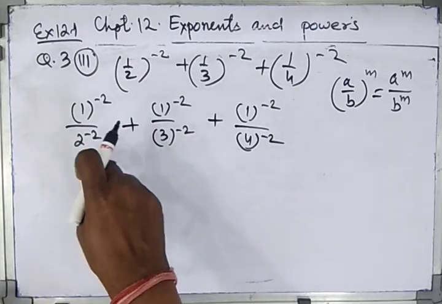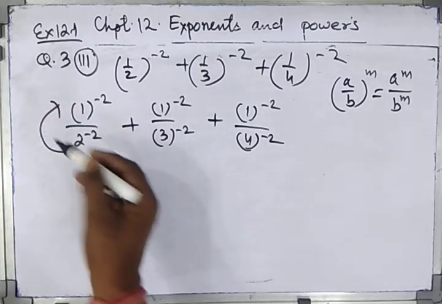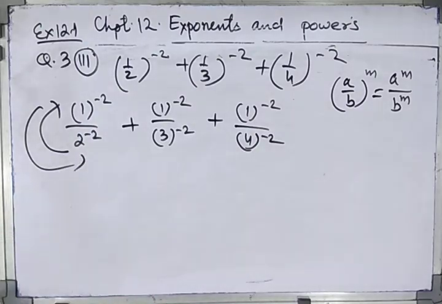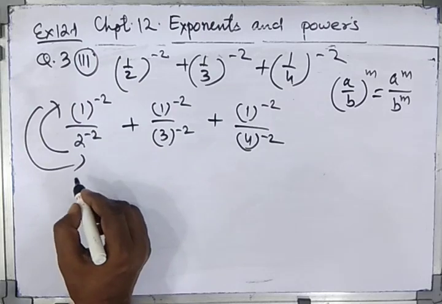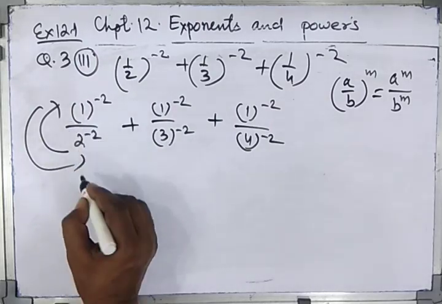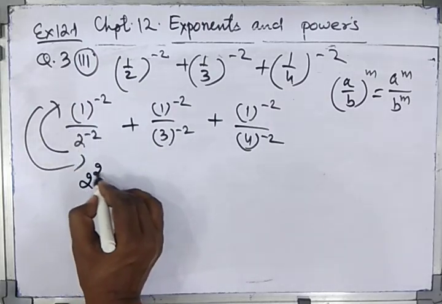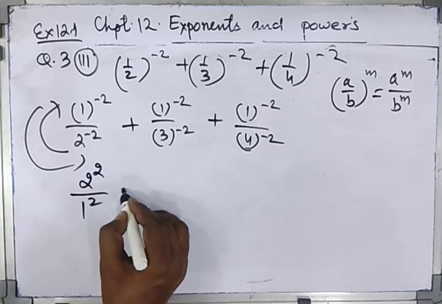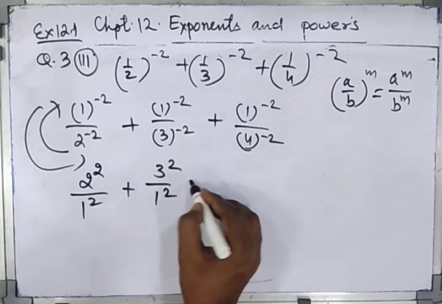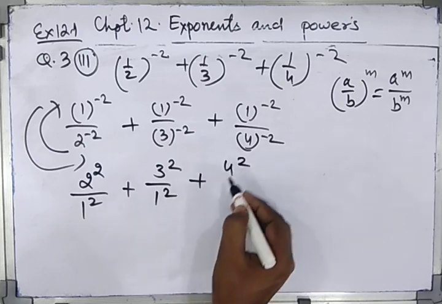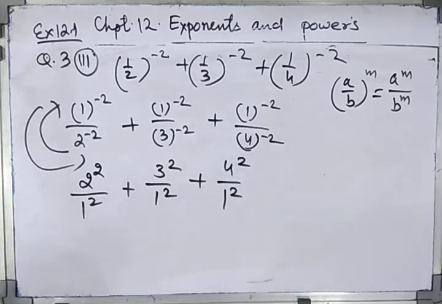Exponent is negative, then change the numerator and denominator. So 2 raised to minus 2 goes to numerator. Then 2 raised to 2 by 1 raised to 2 plus 3 raised to 2 by 1 raised to 2 plus 4 raised to 2 by 1 raised to 2.